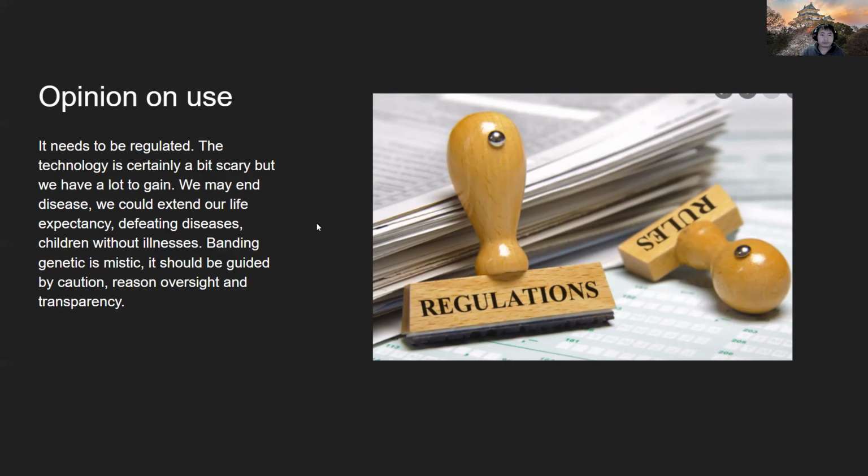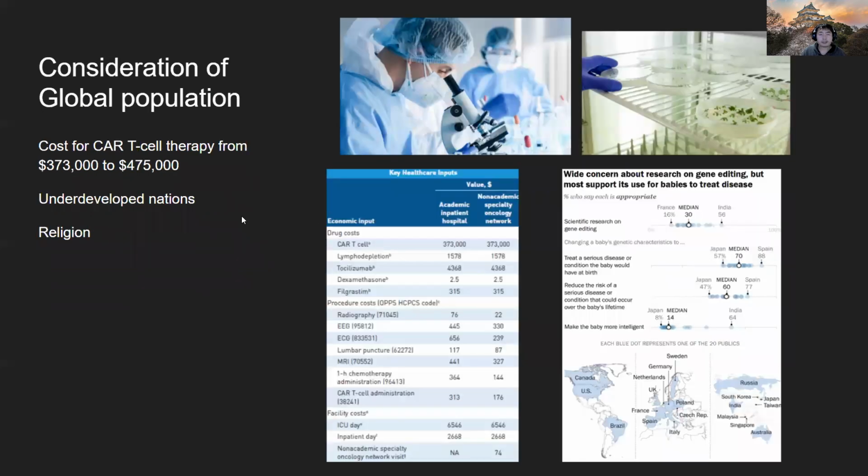And then the next thing, the bigger problem, is that either CAR T therapy or gene editing is really expensive. CAR T cell therapy costs from $300,000 to $400,000, and normal people cannot afford it.